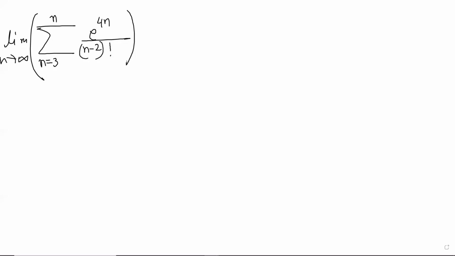So basically, the nth term is e power 4n divided by n minus 2 factorial.